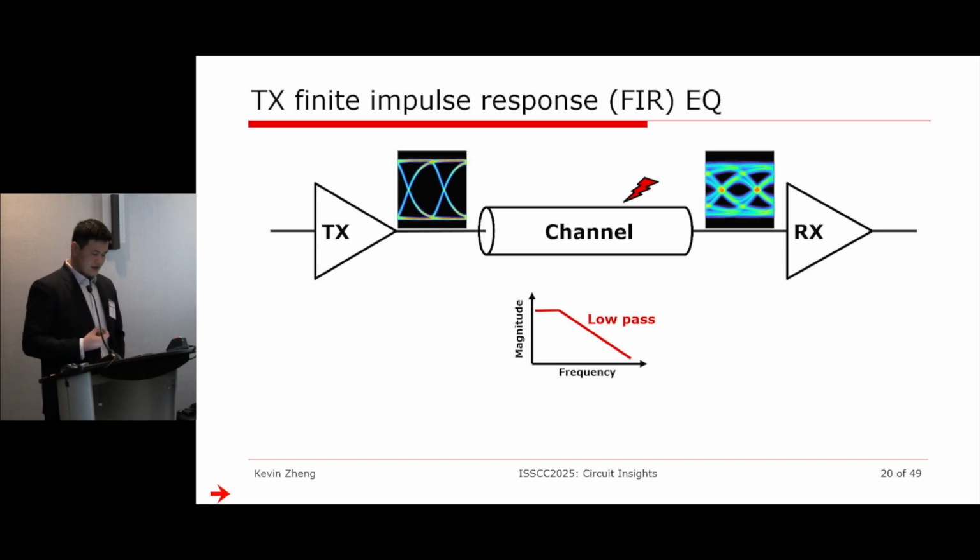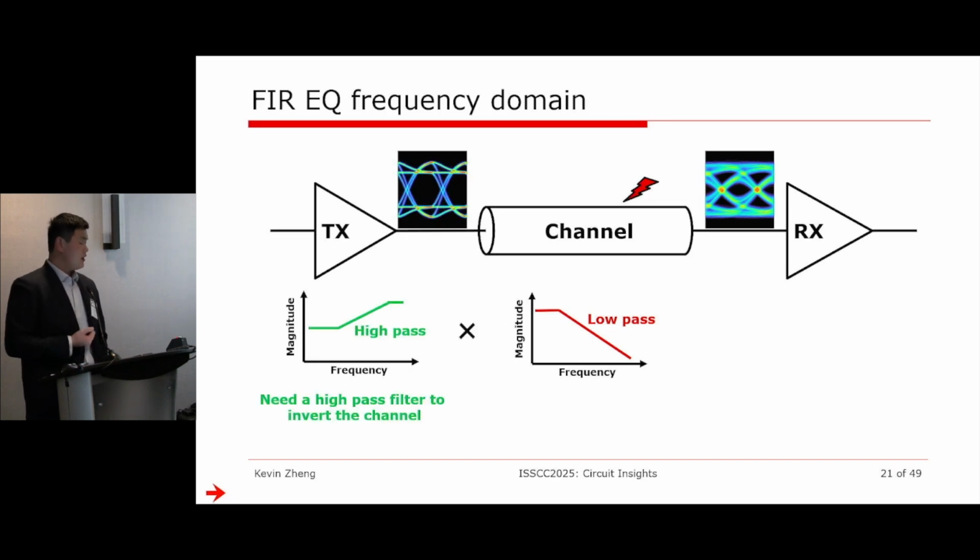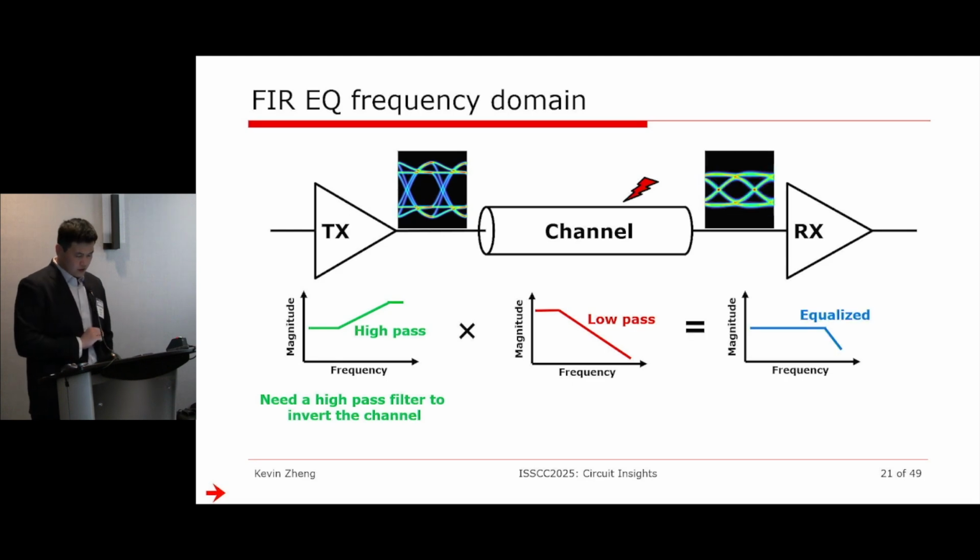So in essence, I want to invert what the channel is doing to my signal. The opposite of a low-pass filter is naturally a high-pass. So if I create some sort of a high-pass filter on the transmitter side, which in the time domain looks like this for an eye diagram, after the channel it will become more open and cleaner.